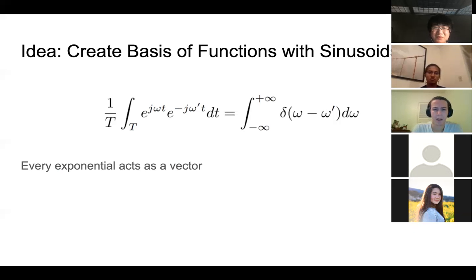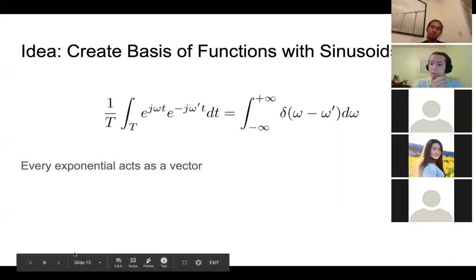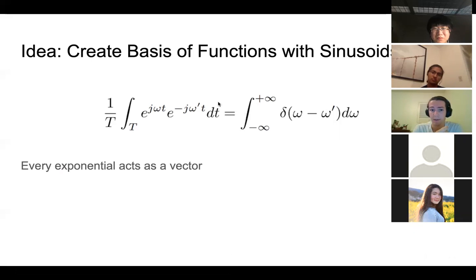And that operation is shown here: when two frequencies are the same, that's the same as being a delta function over an integral from -infinity to +infinity. That is, when they're the same, the answer is 1, so you get an exact projection of one frequency onto another. But when they are not the same, you will get 0. So that's the idea there.